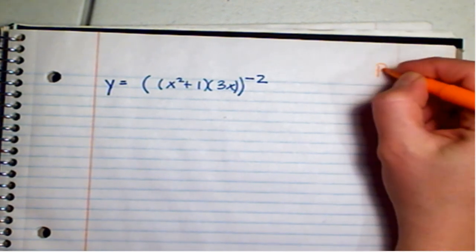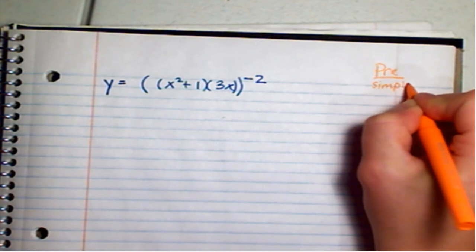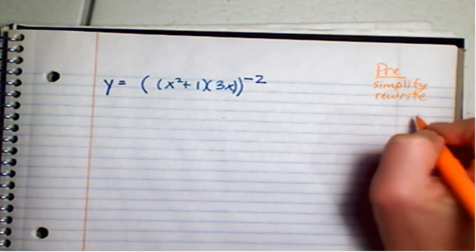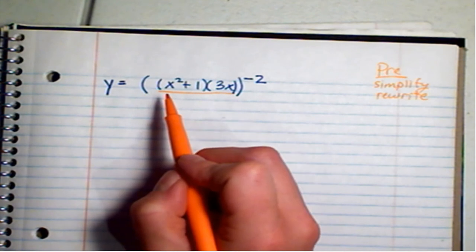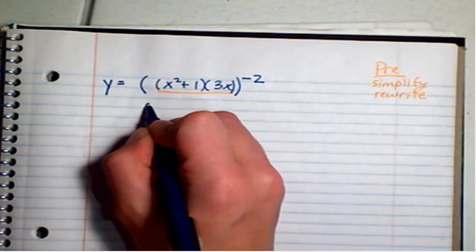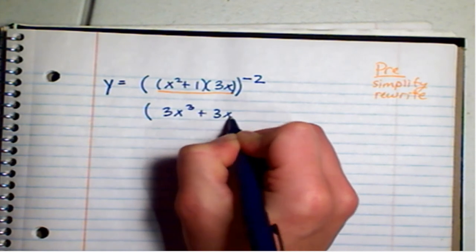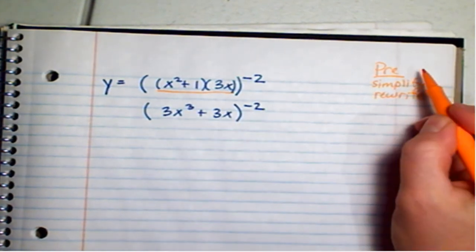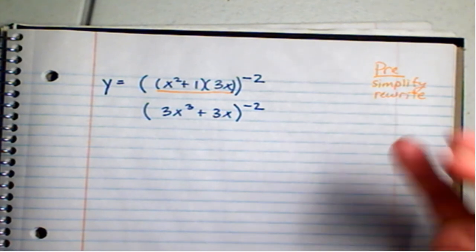I'm going to start with my pre. Can I simplify or rewrite this? Well, I'm pretty sure that that's a very easy multiplication to do, so I'm going to do it. Notice I said easy because it's like one step. So I simplified first. And notice that it's in power format, so there's nothing I need to change there.